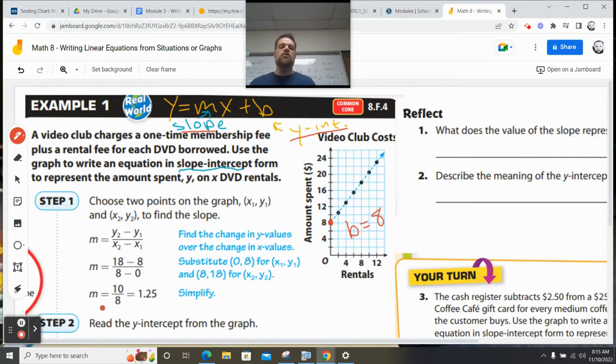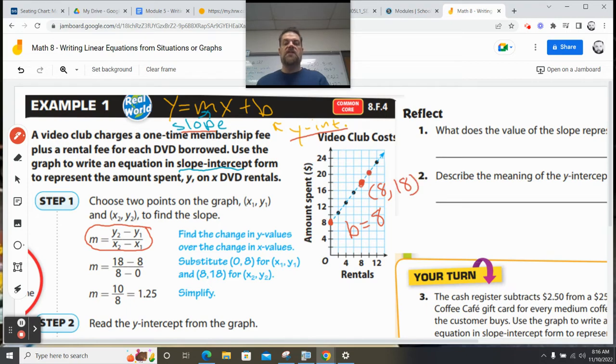And they said pick 2 points from the graph and plug them into the slope formula. So remember, this is the change in y over the change in x. It looks like they picked 8, 18, so this point right here is (8, 18).